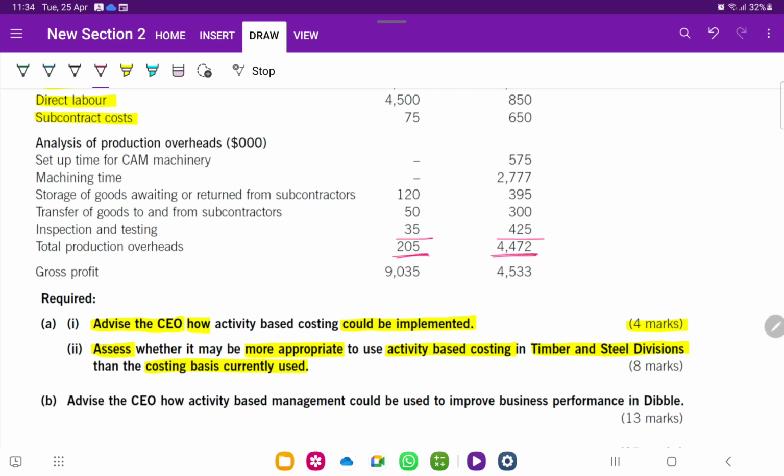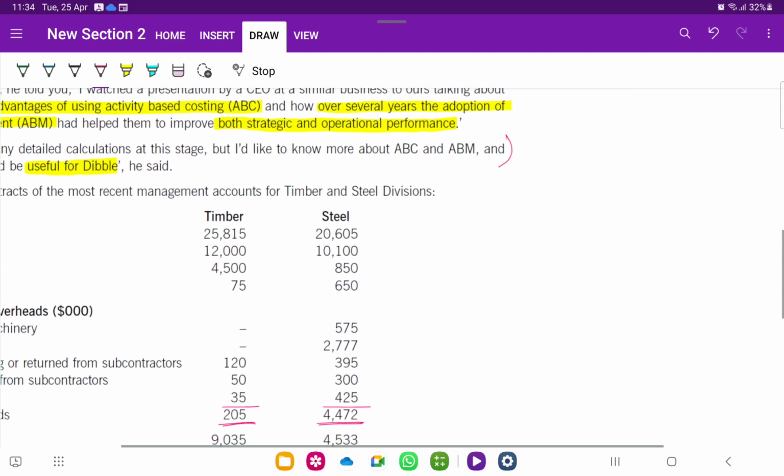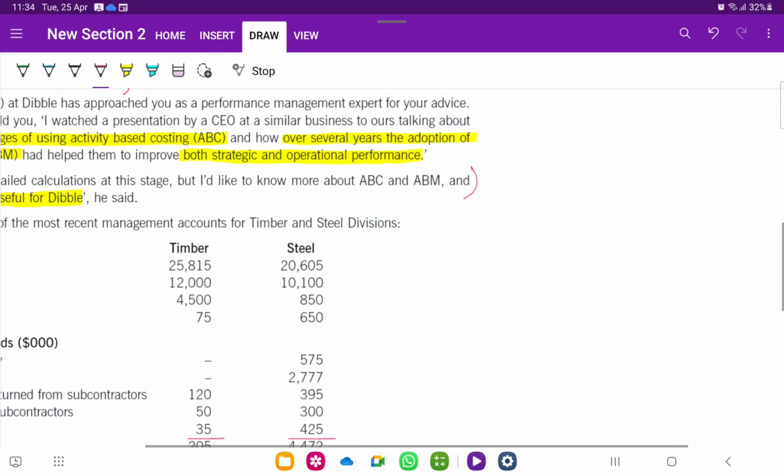First, we are going to start with this part, the assessment of whether it may be more appropriate to use activity based costing in timber and steel division rather than current costing system. So currently the company is using machine hours to absorb the overhead. See, in the previous discussion we have already discussed that there are a few conditions required for the use of activity based costing.